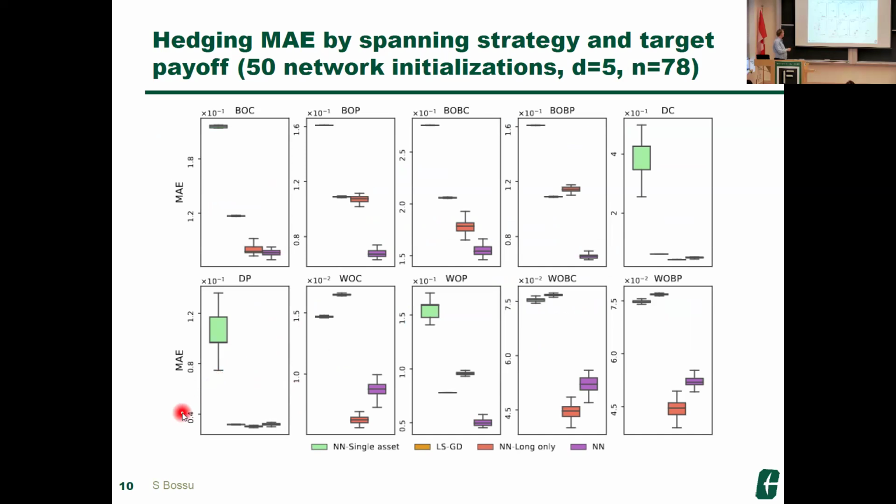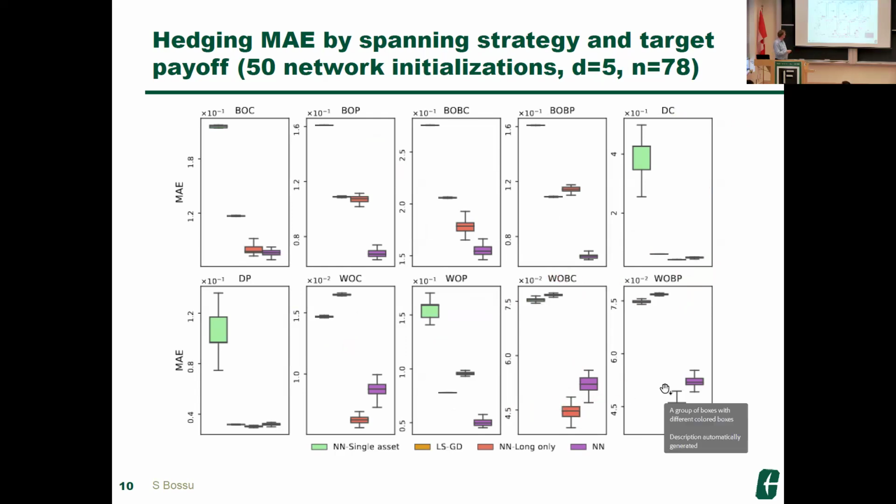Some of the usually worst results come if we try to hedge only with single asset calls and puts, and surprisingly, that gives you higher error. And the unconstrained NN, which is the violet here, consistently gets you better results, although sometimes certain strategies are a little bit better in some cases. So this is for every possible payoff that we discussed in that paper, including the dispersion call, worst of binary call, things like that.